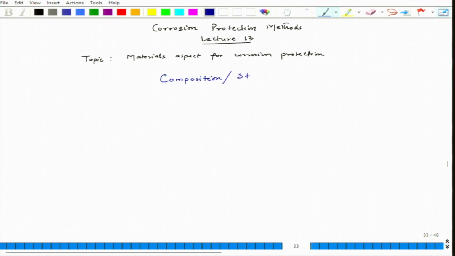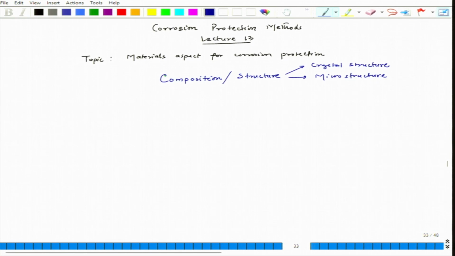Simply if we put structure, this structure could be crystal structure, it could be microstructure. Okay. So, there could be two situations.